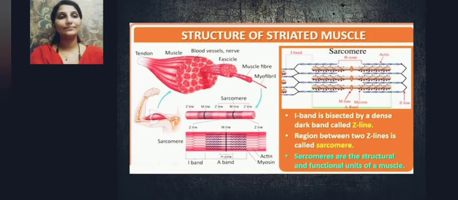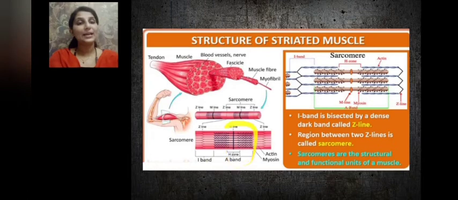The I band is also bisected by a dense dark band, and this is called the Z line. The H zone is intersected by the M line, which is a thin dark line, and the I band is bisected by a dense dark band called the Z line. So there are two lines, the Z line and the M line.